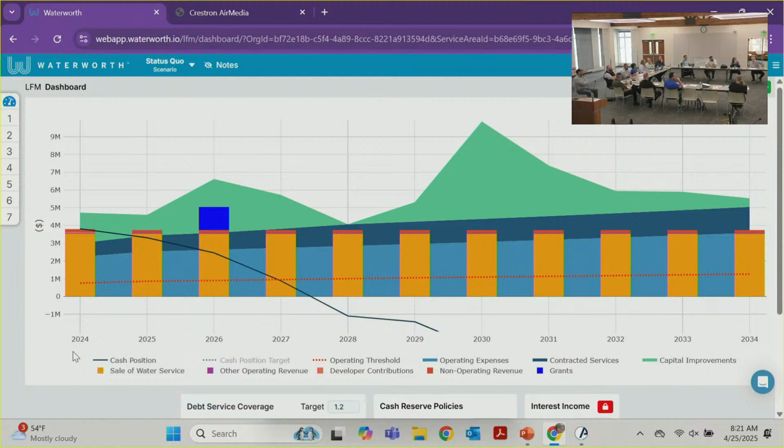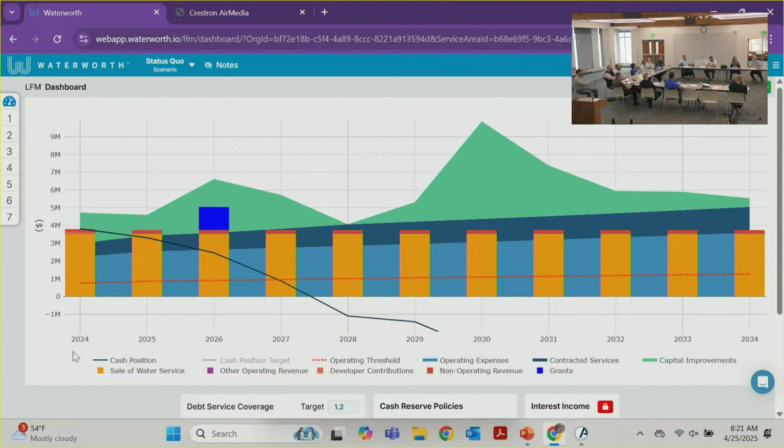But 2027, I'm just pointing out, the operating threshold is kind of like an emergency fund that you would have for your home. Right? If something terrible happened, if utility bills didn't get out and we stopped getting revenue in for a month or two, could we stay afloat while things got picked back up? It's just a kind of an emergency fund. It's the Dave Ramsey.